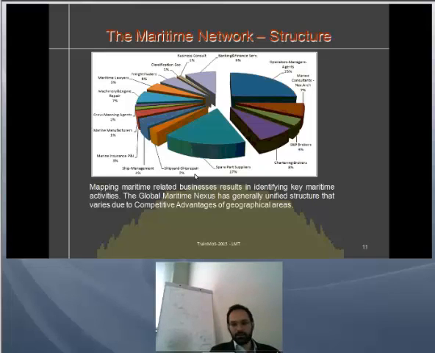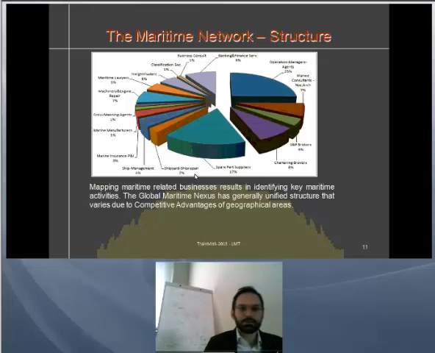For example, in the Middle East, maybe there are maritime networks that give more focus on the oil and offshore industry, while in Asia there are maritime networks that give focus on the shipbuilding business.